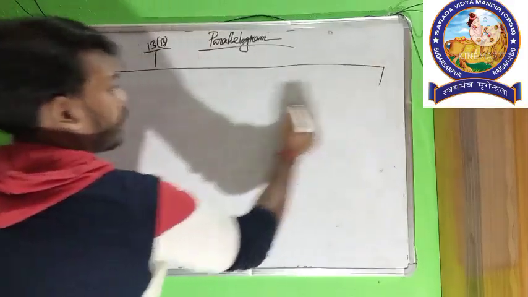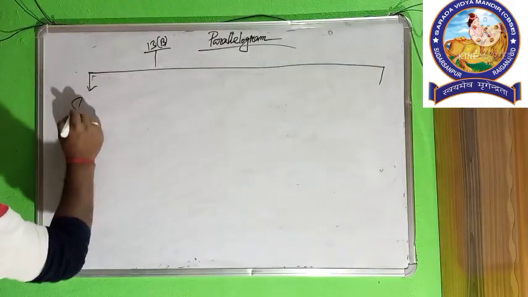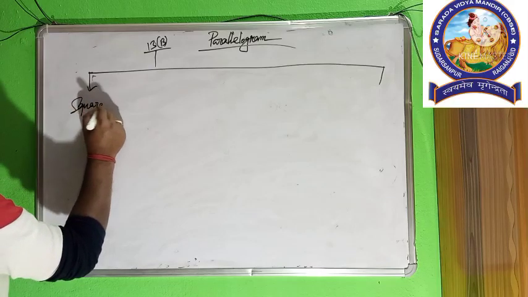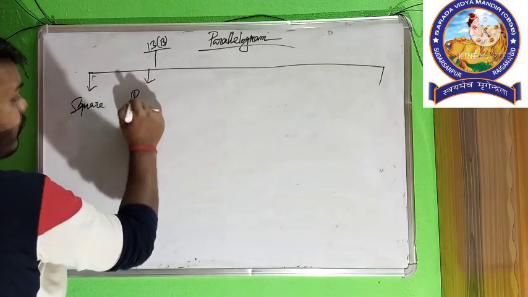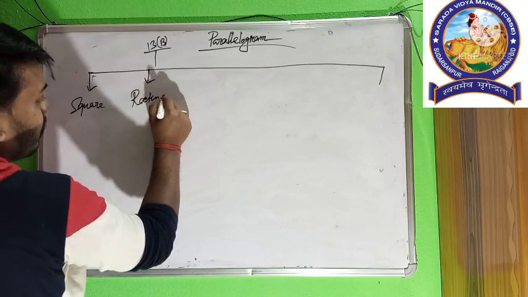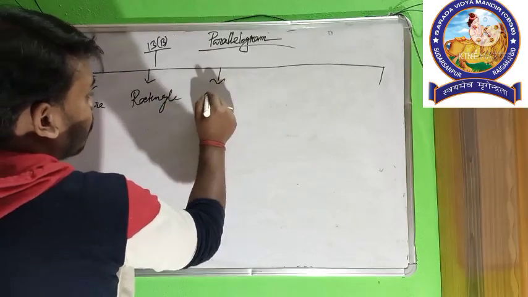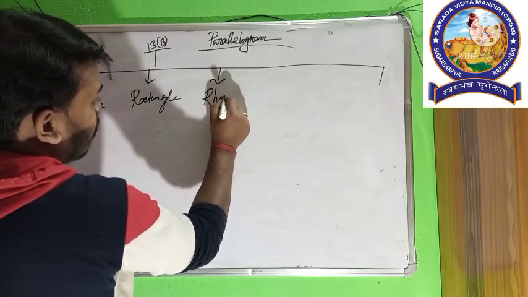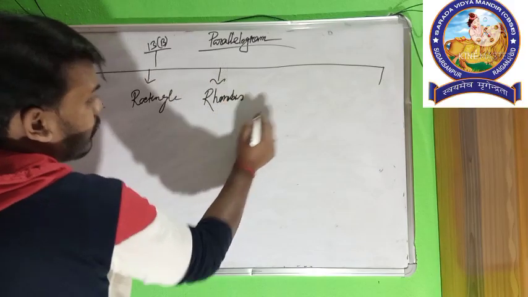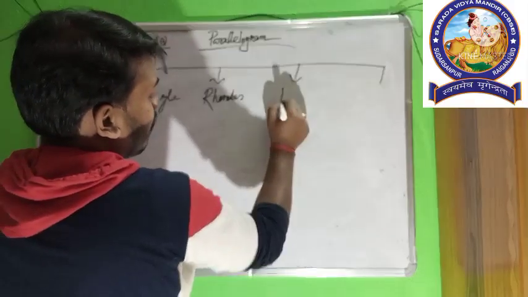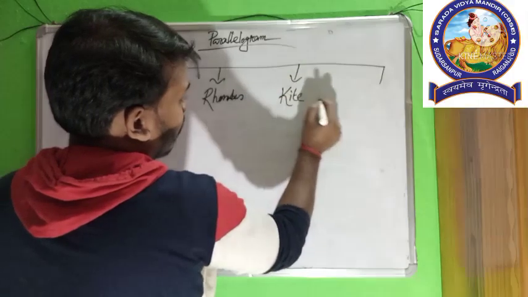So there are some types of quadrilateral: square, rectangle, rhombus, next kite and trapezium.